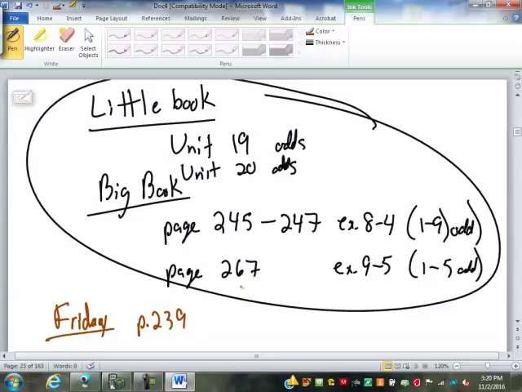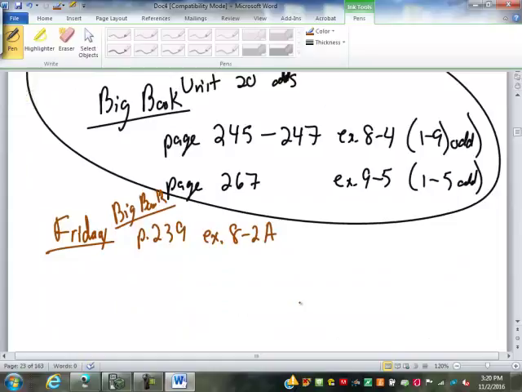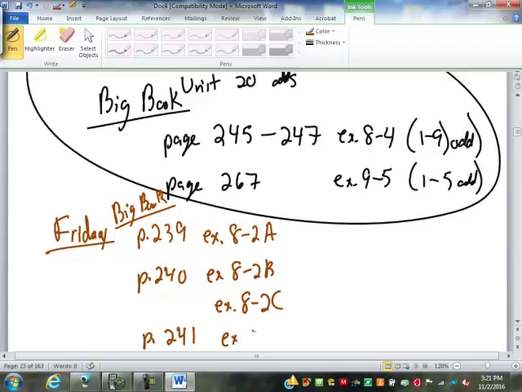Starting on page 239, these are all in the big book, by the way, it's exercise 8-2A. Page 240, there's exercise 8-2B. Also on page 240 is exercise 8-2C. And on page 241, you guessed it, exercise 8-2D.